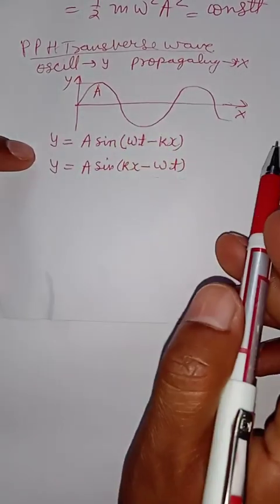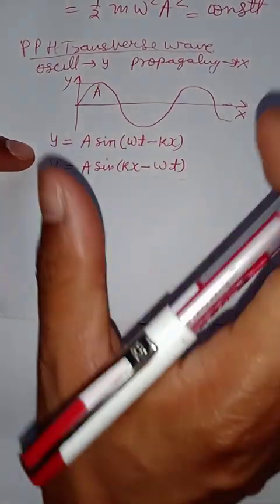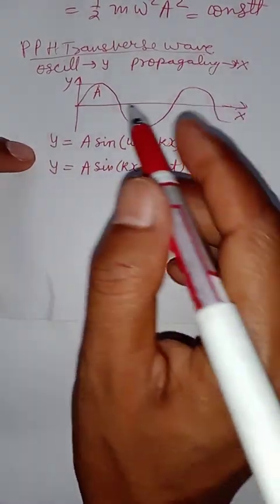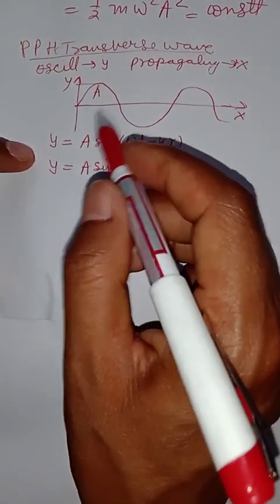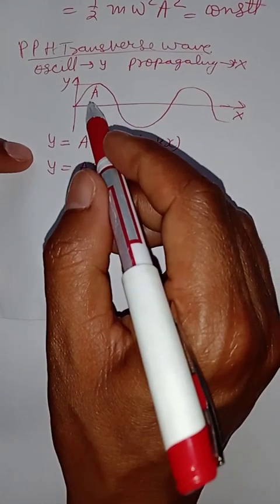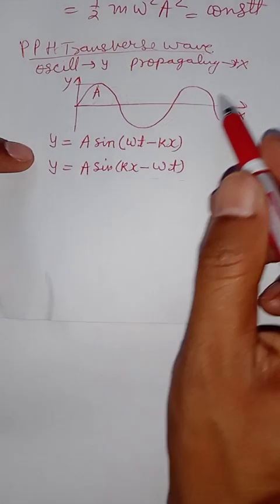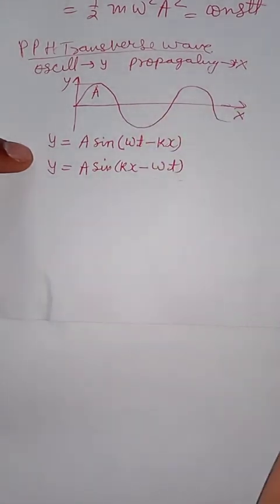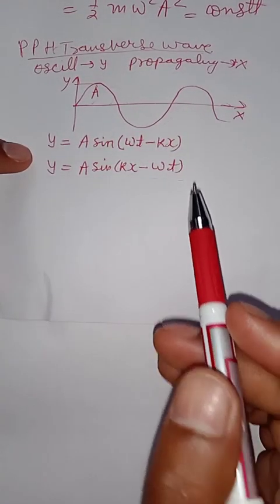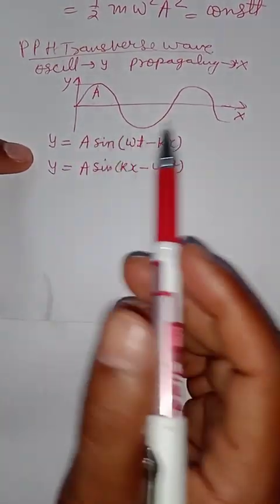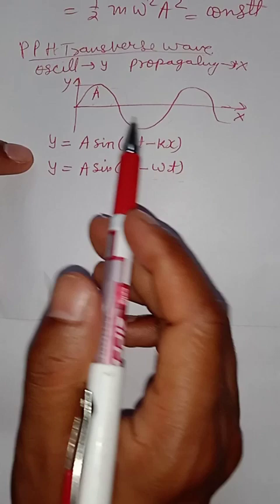Actually, this wave pattern is at a particular phase, at a particular time. At the very next time, it would change its form. Maybe it would start from here, and maybe the next one would go like this, and so on and so forth. So actually it goes in 3 dimensions, and we are restricted to 2 dimensions only.